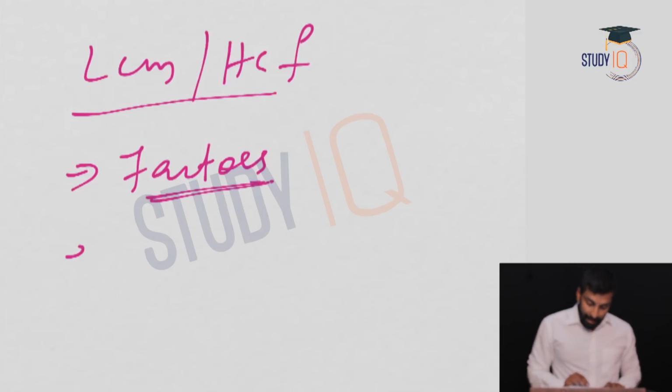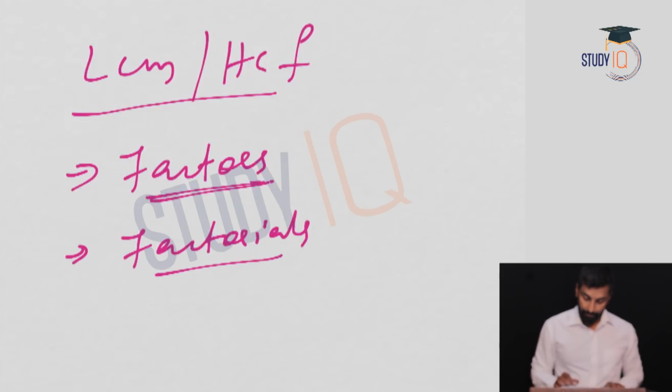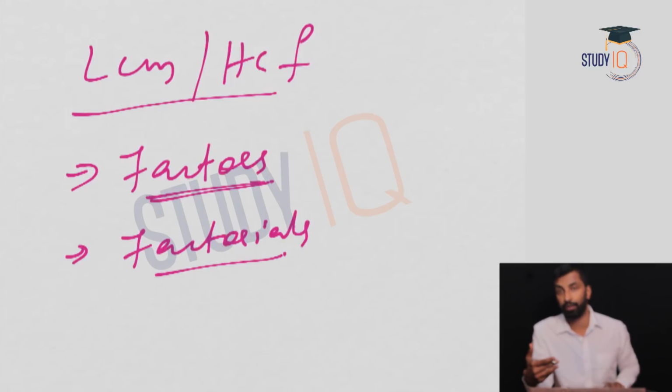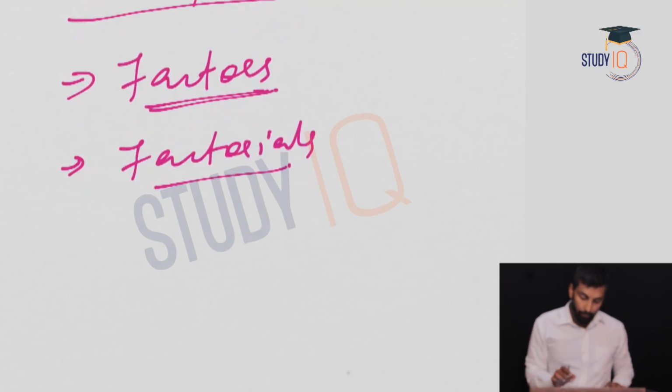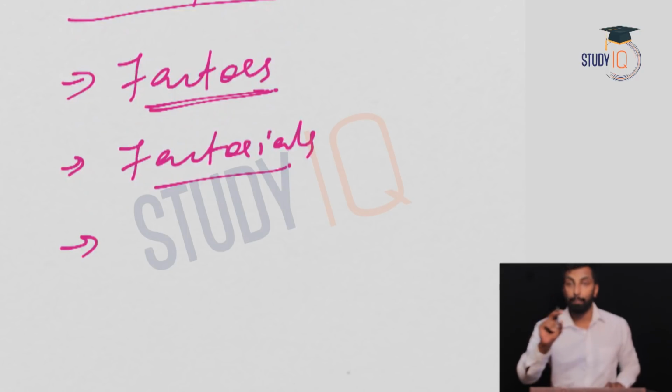Then after that, I will cover everything which is related to factorials. Hope you will be knowing about factorials, but we will cover complete details about factorials in the third video session. Factorial is actually the product of consecutive numbers starting from 1. When you cover product of numbers starting from 1, that is factorials, obviously we will have to cover sum of consecutive numbers starting from 1, that is sigma n.